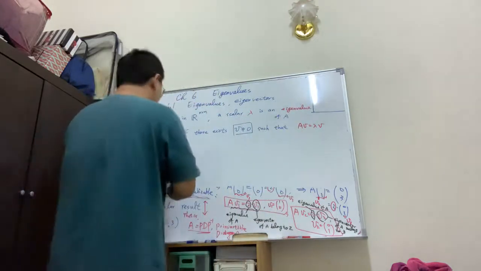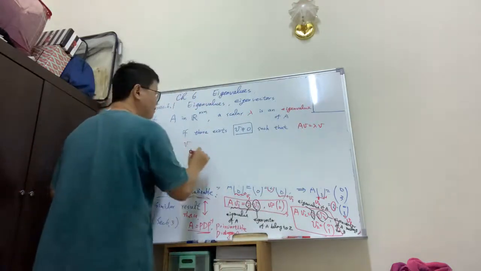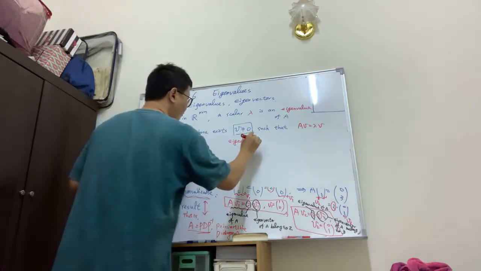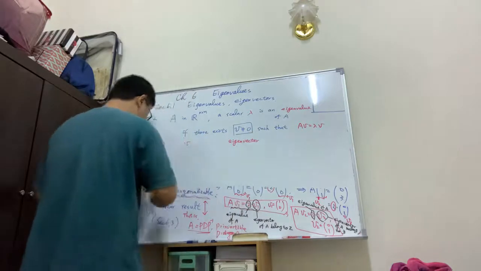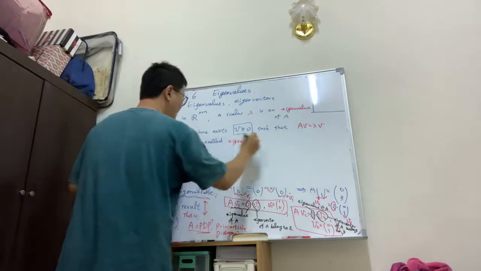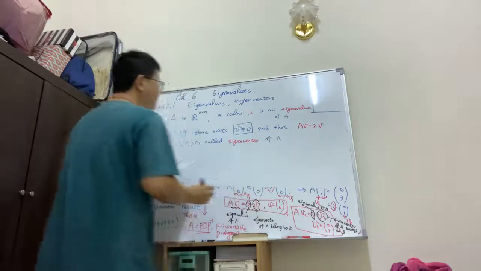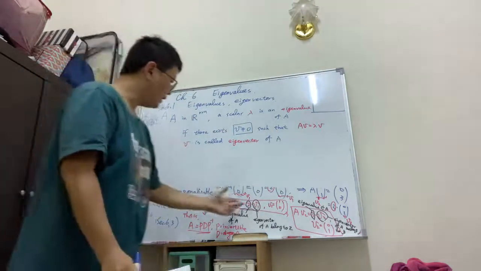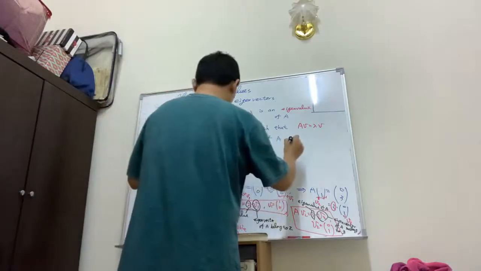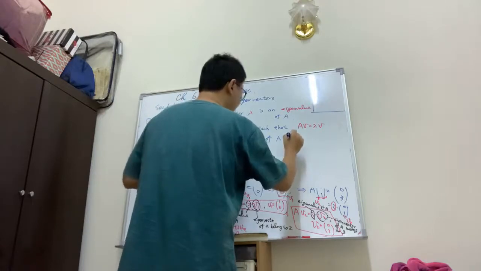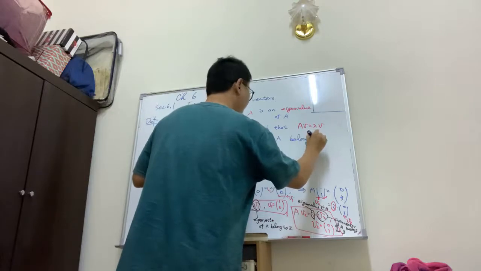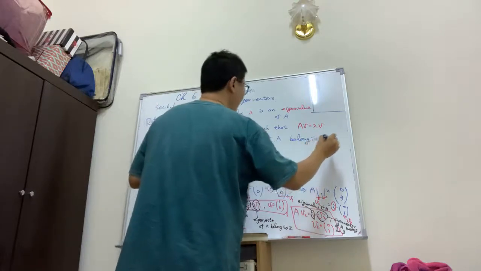The vector v is called an eigenvector of A. But probably the matrix A has two different eigenvalues, so you could say it is an eigenvector of A belonging to the eigenvalue lambda.